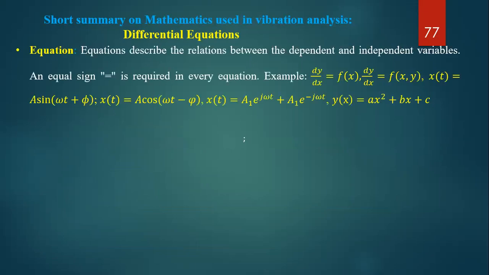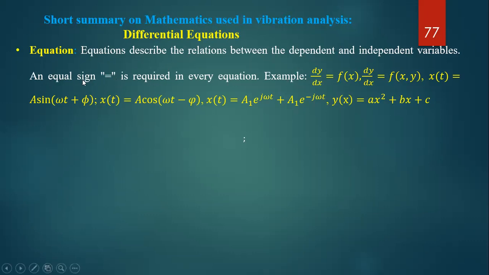When we say equations, these describe the relation between dependent and independent variables. In our vibration analysis, there are dependent and independent variables, and this can be easily obtained from simple equations.